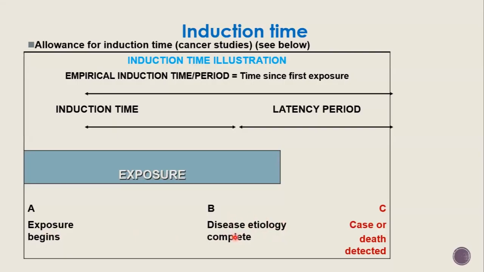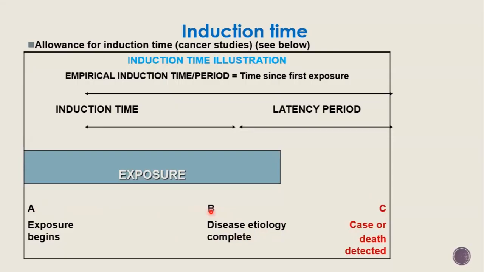For different people, disease etiology will be complete at different times, but we're just using this illustration for convenience. And C is where a case is diagnosed or somebody dies from the disease. So from A to B is called the induction time.